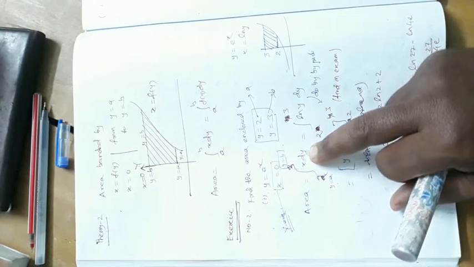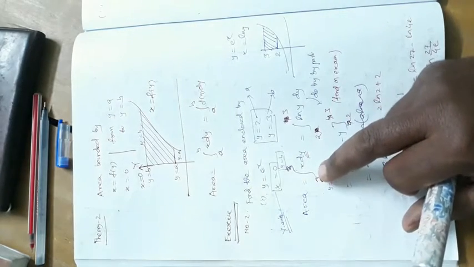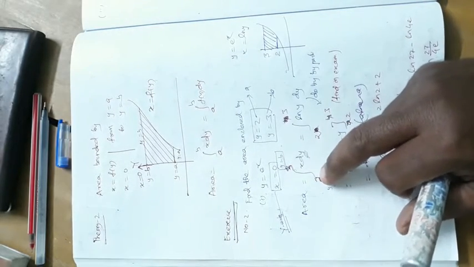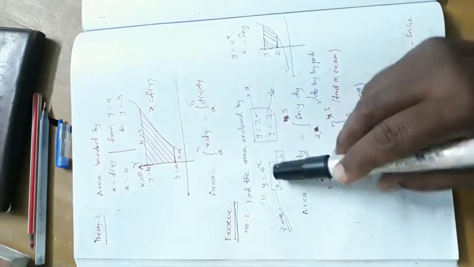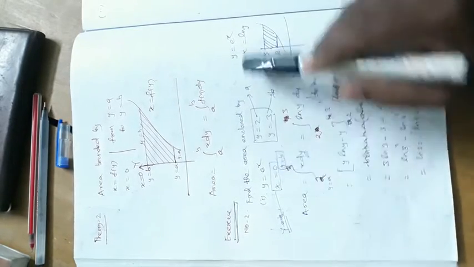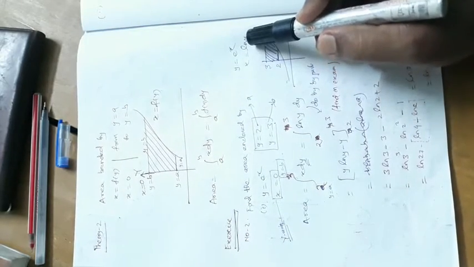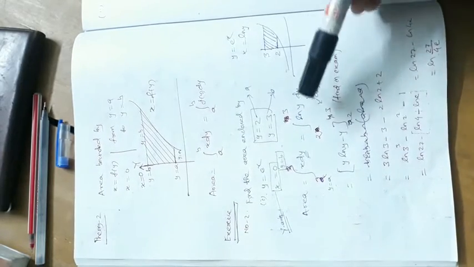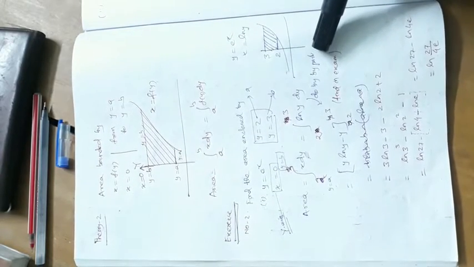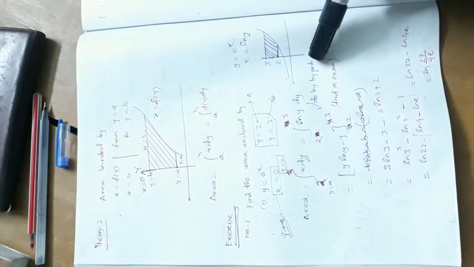The formula is x dy integration from a to b, a means 2, b means 3. What is x? If y is equal to e to the power x, then x is equal to ln y. Remember it. It is a very important part. So ln y dy from 2 to 3, and you have to do this by parts method. I am doing it directly, but you have to do it in the examination hall.